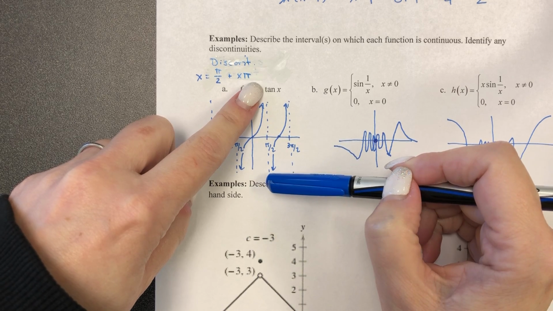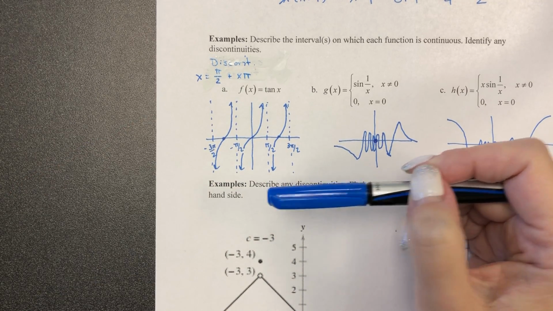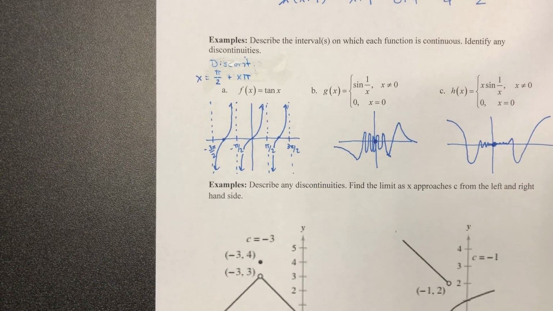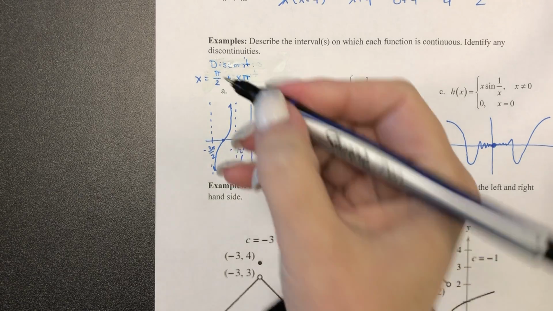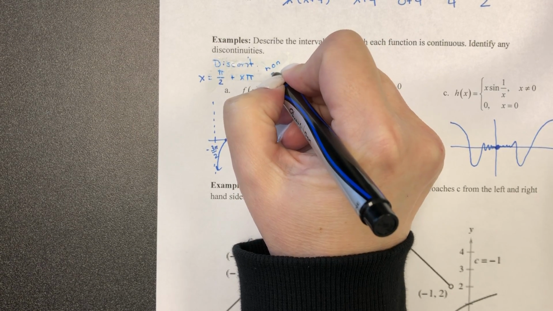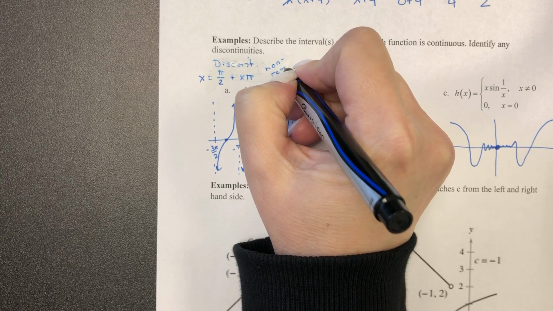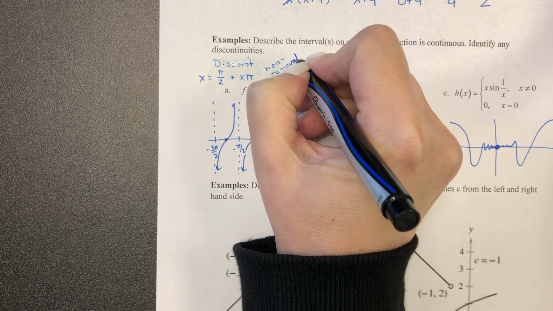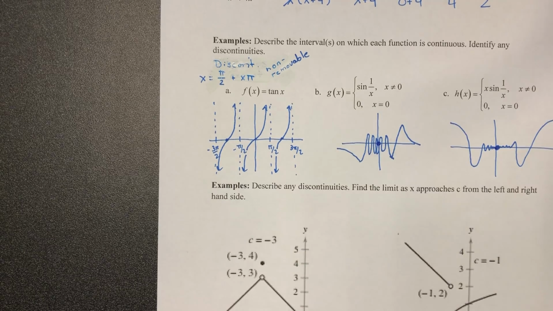On the right-hand side, you're going to negative infinity. This is not a removable discontinuity. It is non-removable, because it's not a hole, it's actually a break in the graph.